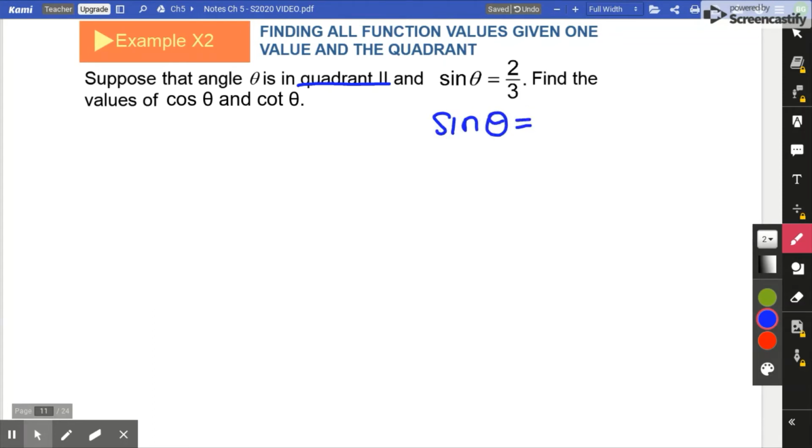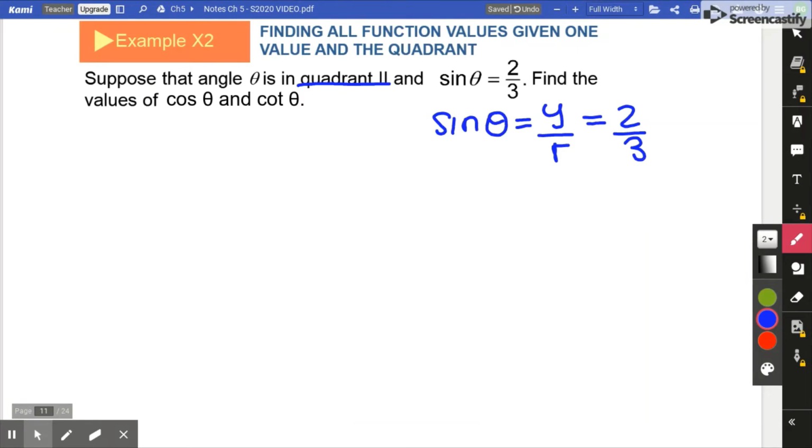So let's think about what we would have done yesterday. We know sine theta goes with y. In fact, we call it y over r. So we can say that ratio of 2/3 is basically the same as our ratio y over r. You can't really say that y is 2 and r is 3, but we know that ratio works, so that's what we're going to go with.